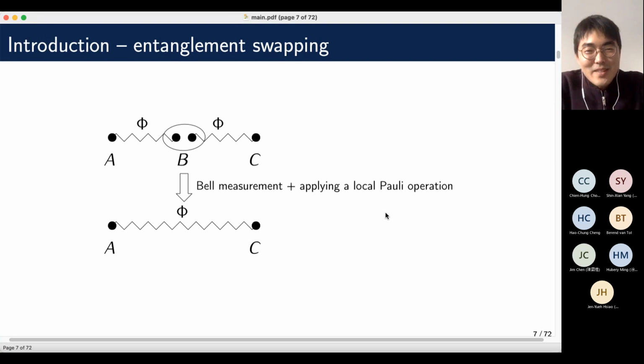So I will then begin with a very well-known example, which is entanglement swapping.